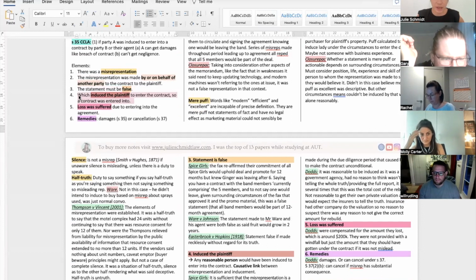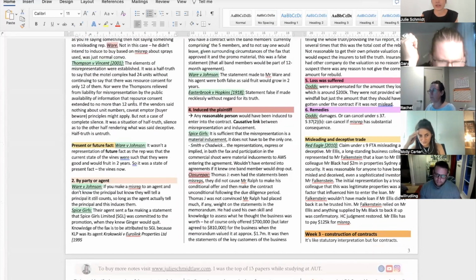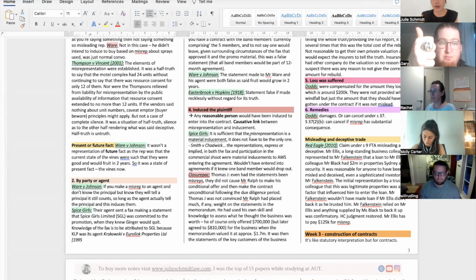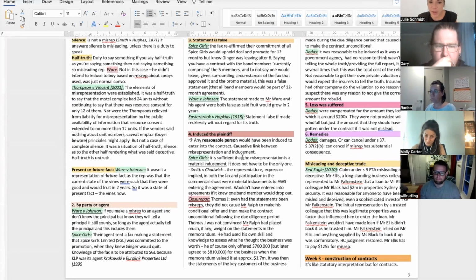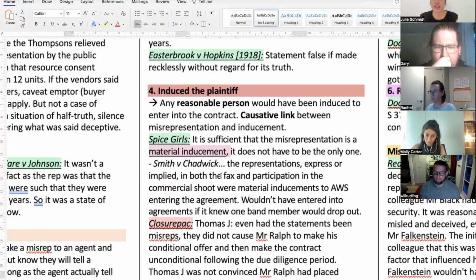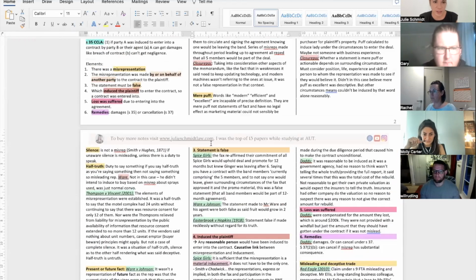That wasn't well maintained. Did it induce her to enter into the contract? Yep, that was one of the main things she wanted. It doesn't have to be the only thing she liked about the house, but it's fair to say that it was a material or major thing that induced her to enter the contract.